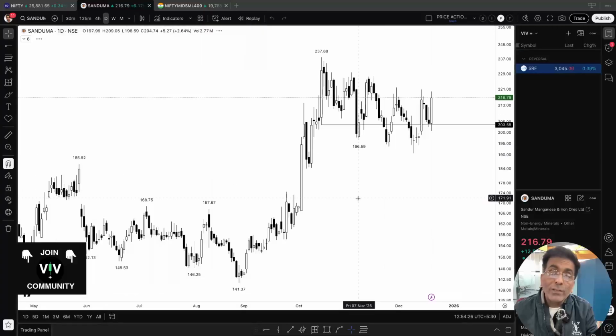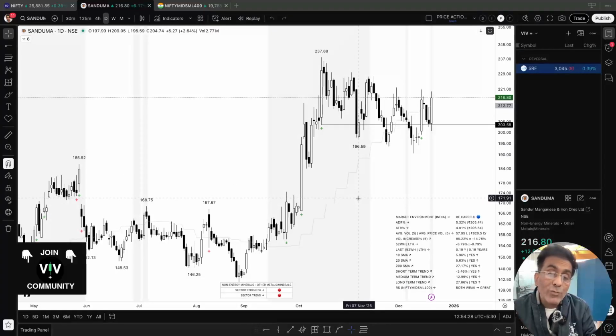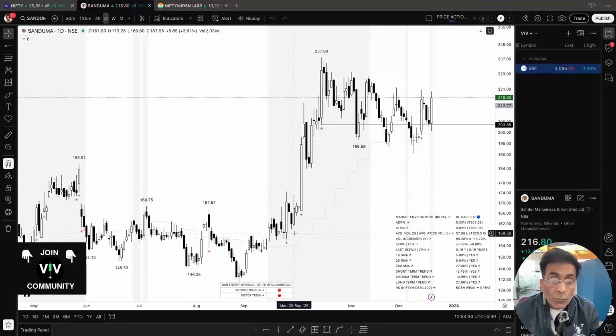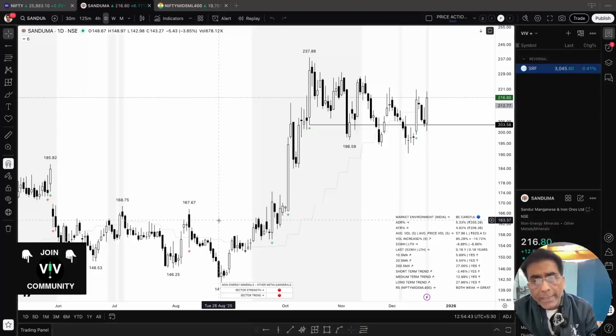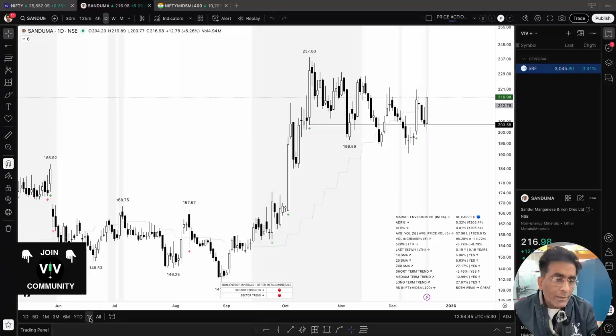So what we have to do is, we can't predict what is going to happen, but what we can do is use the high probability setups and take trades over there, right?